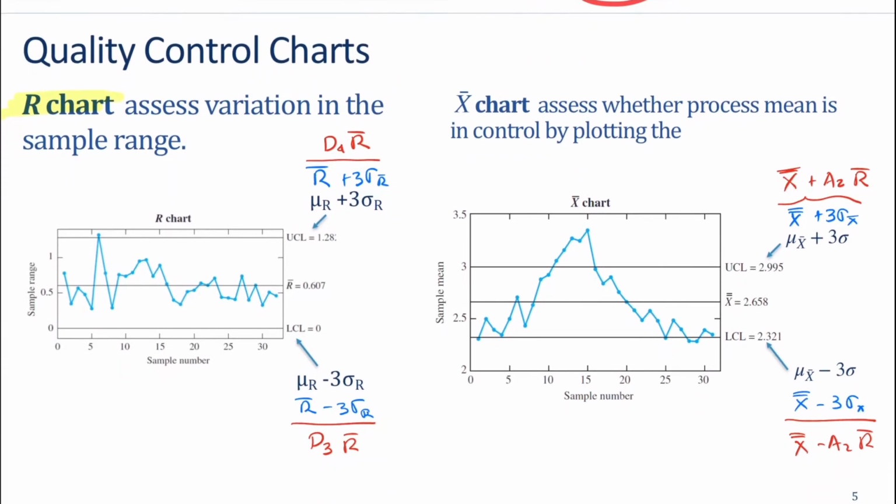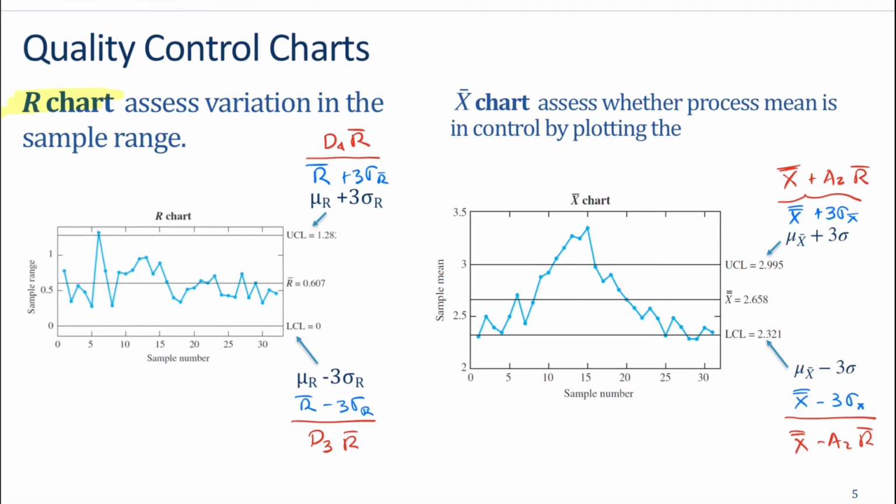Now, the process is two steps. First, we have the R chart to assess the variation in the sample range, and then we have the X bar chart to assess whether the process mean is in control.